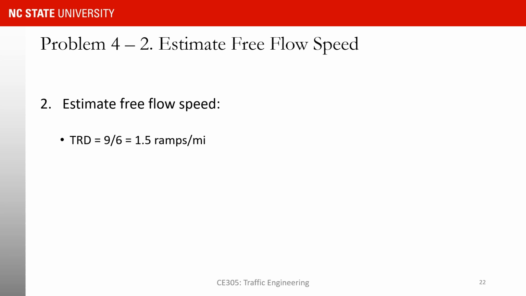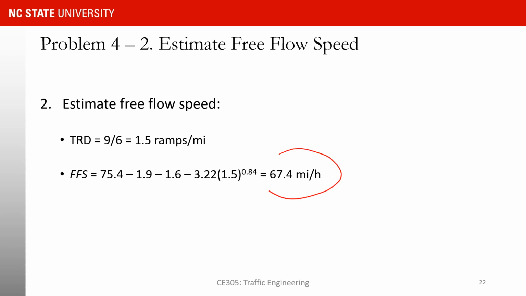It is 9 ramps over 6 miles, or 1.5. So we plug everything into the equation and our free flow speed is going to be 67.4 miles per hour. We round this value to the nearest 5 miles per hour, and that is going to give us a free flow speed of 65 miles per hour.